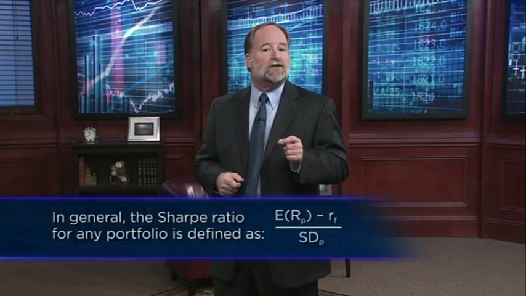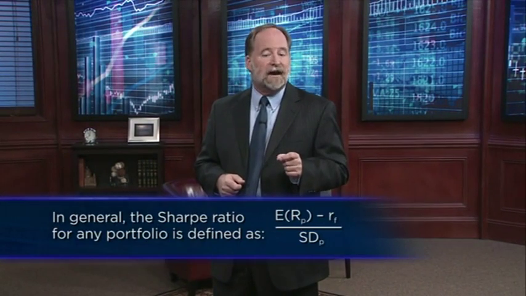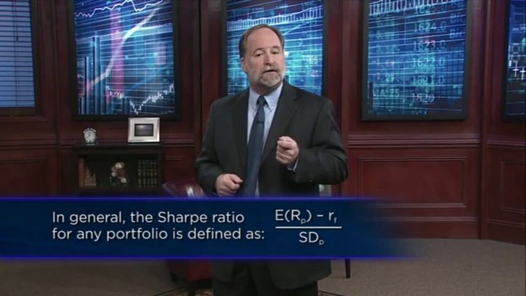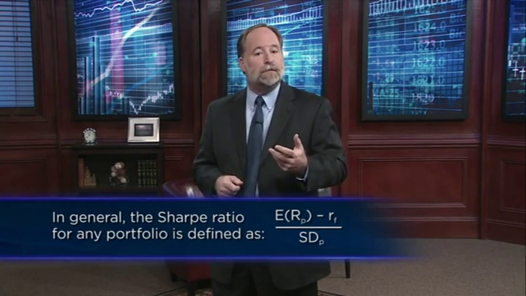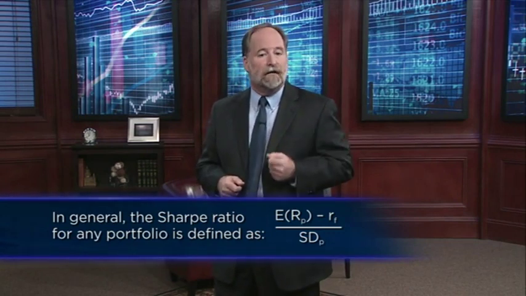In general, the Sharpe ratio for any portfolio is defined as S sub P. It's equal to the expected return on that portfolio minus the risk-free rate, all of that divided by the standard deviation of the return on that portfolio. Intuitively, this measure tells you how much extra expected return you get per standard deviation for that given portfolio.